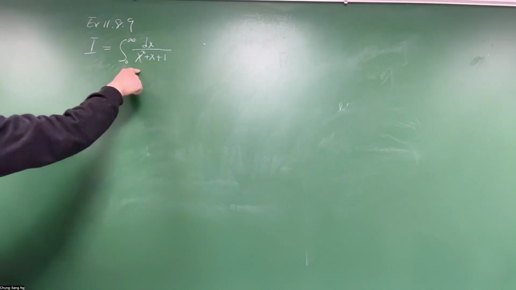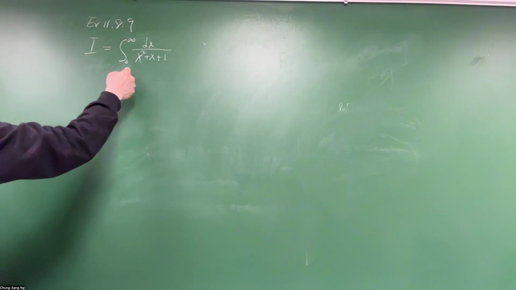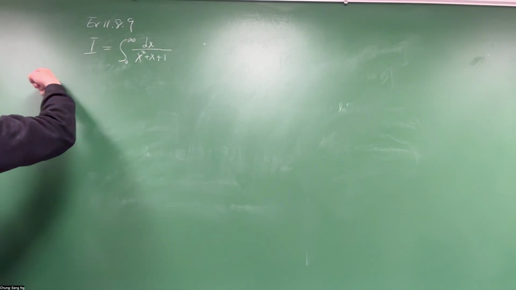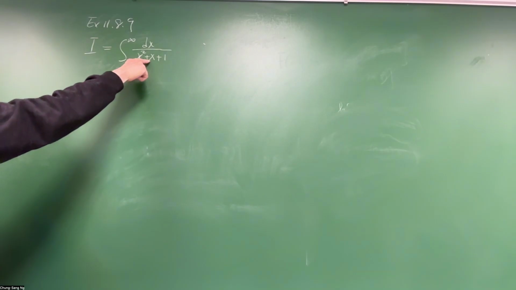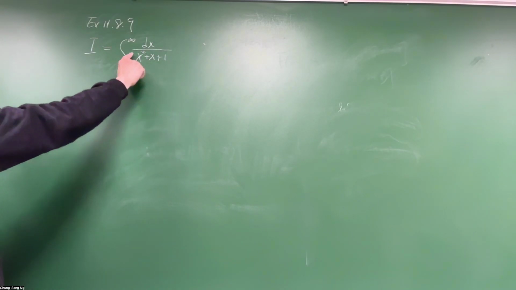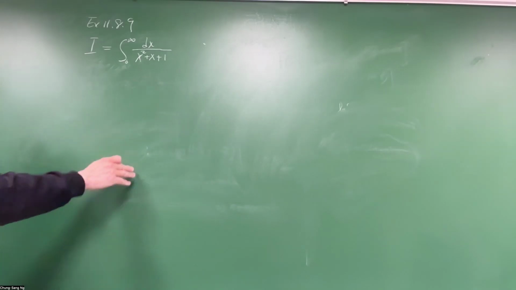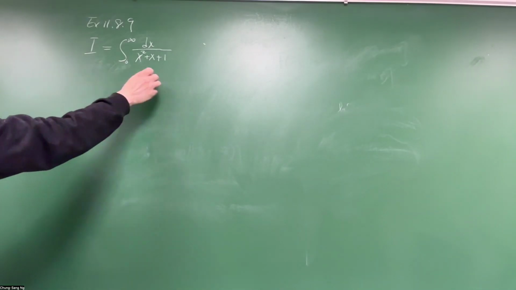And then if you rotate to the real axis, obviously change x to minus x, it's still not singular. You can see that the zeros of the denominator are not on the real axis.